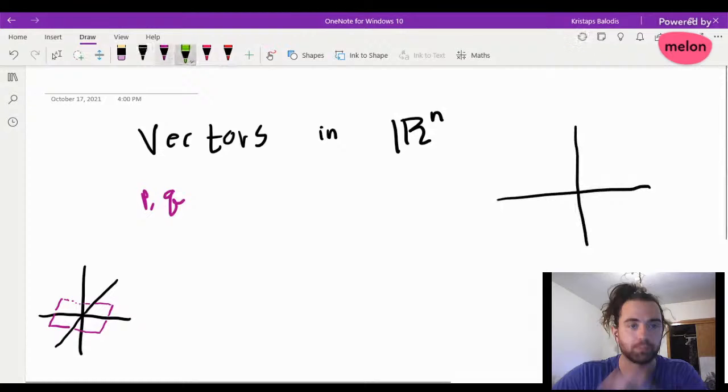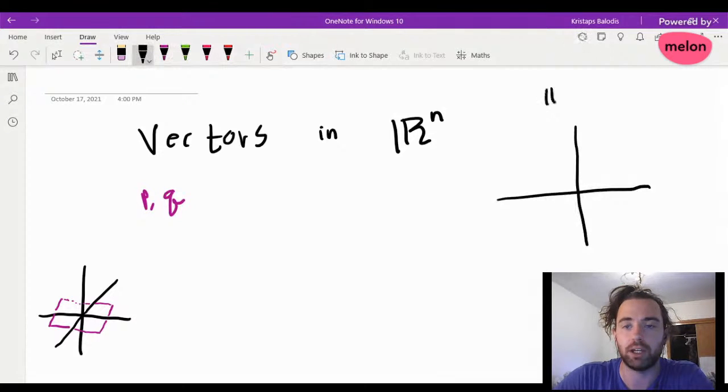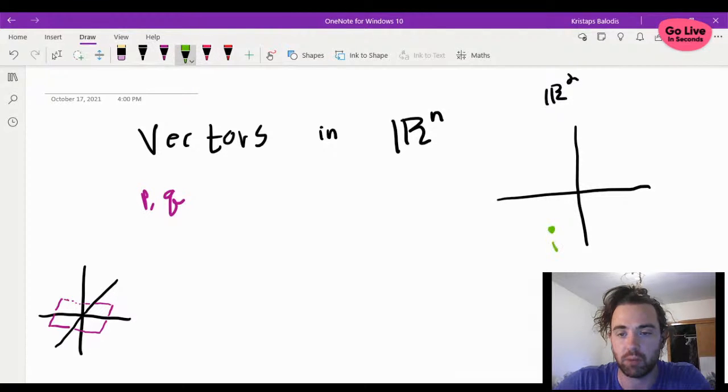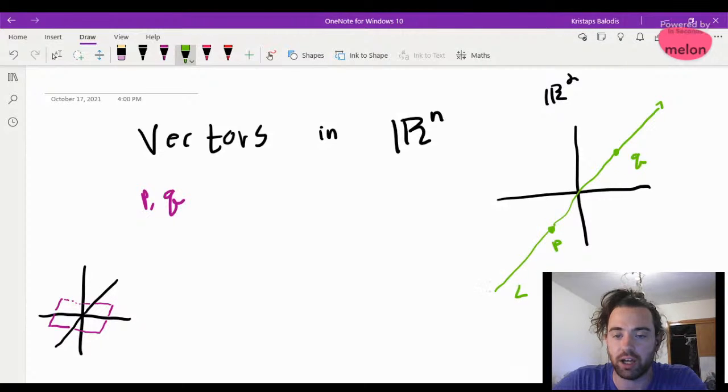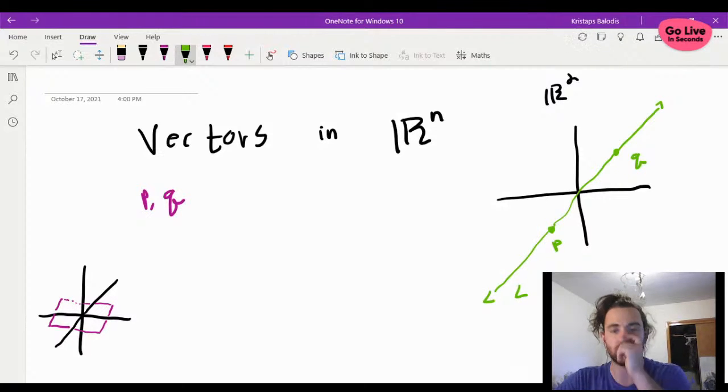So for example, if I draw my plane here, let's think about this equation where we have 2 points in the plane. Maybe this is my point P over here, and this is my point Q. So if I think about these points in the plane, I've got this line here, and line L is the line that goes through each of them.